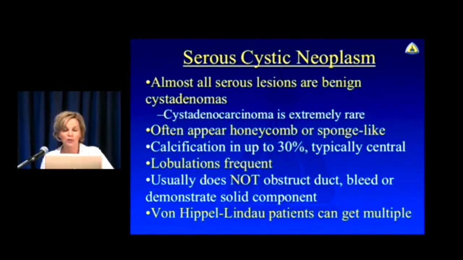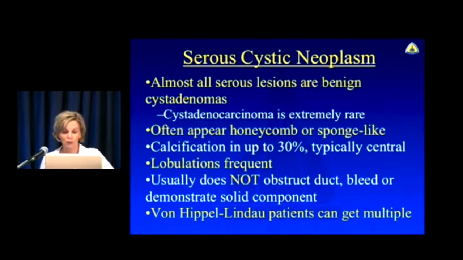Okay? What the serous cystic neoplasms usually look like is a honeycomb or sponge-like appearance, like I showed you in that pathology specimen. Calcification is a good differential feature for these lesions. You will see calcifications, typically central, not along the periphery. So if you see that scarring towards the center and you see a calcification in the center, that's a good indication it could be a serous cystic neoplasm.